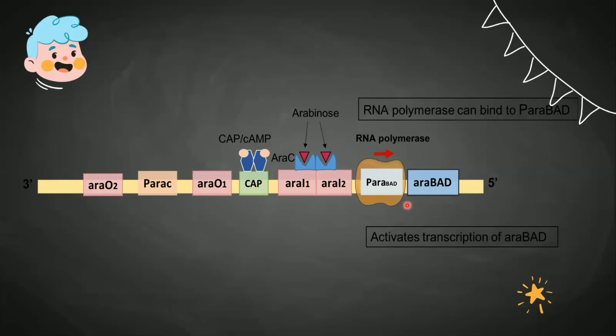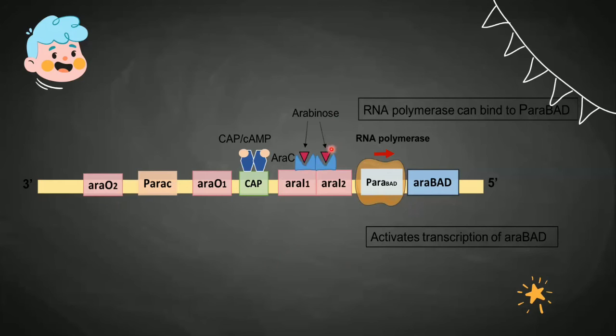Taking the first condition, how positive regulation happens via RAC. As I said, RAC can also act as an activator. When arabinose sugar is present in the bacterial system, it will bind with your RAC and form a complex.